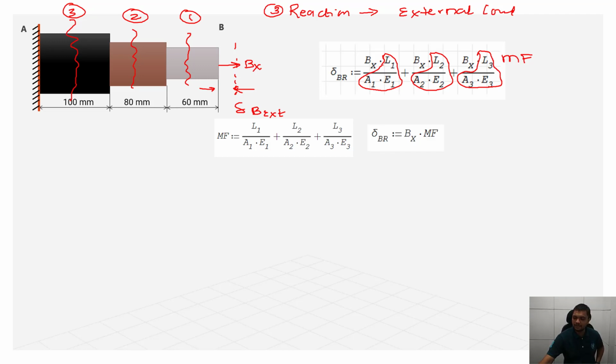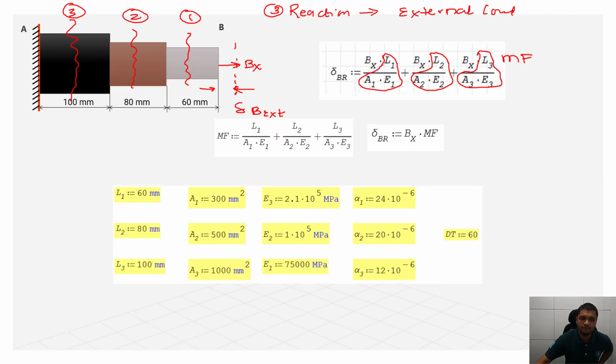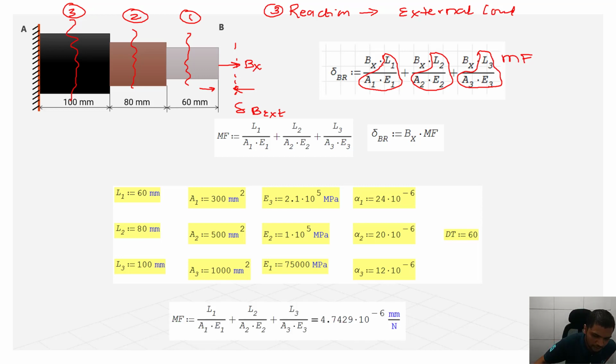And so delta BR will be Bx into the multiplication factor. I know the multiplication value because I know the L1, A1 and E1 values. If I put in these values, I get the multiplication factor as 4.7429 into 10 to the power minus 6 mm per Newton.